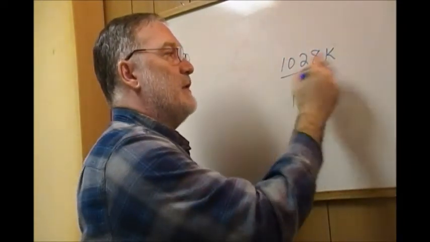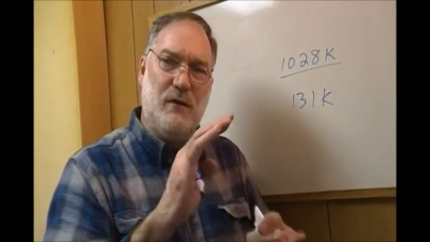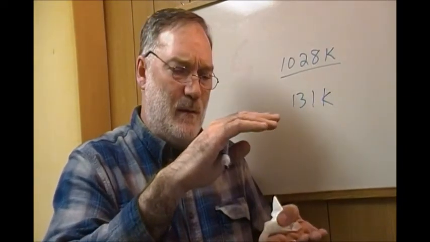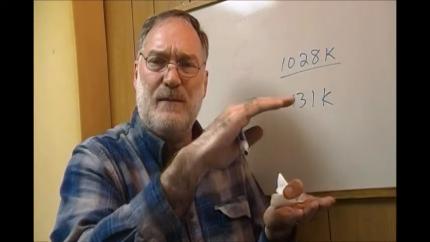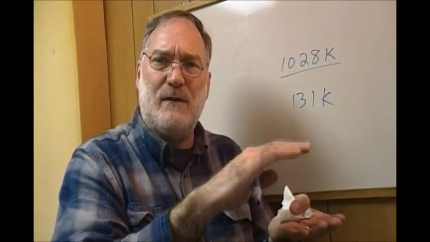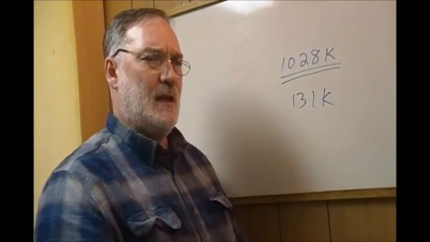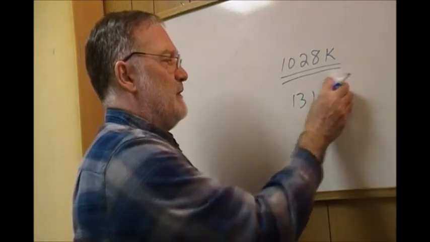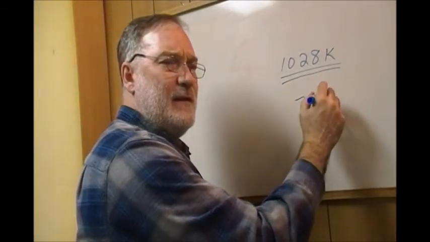That is the temperature that we would expect from gravity compressing a huge atmosphere on Venus, that many times more atmosphere on Venus than on Earth. That very heavy atmosphere being squeezed down should produce a surface temperature of 1028 Kelvin. The actual surface temperature of Venus is only 735 Kelvin.